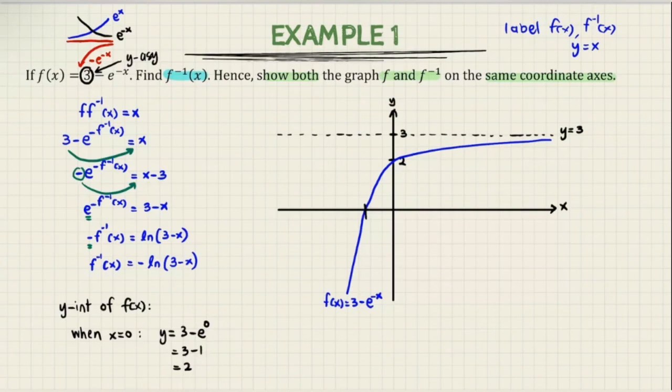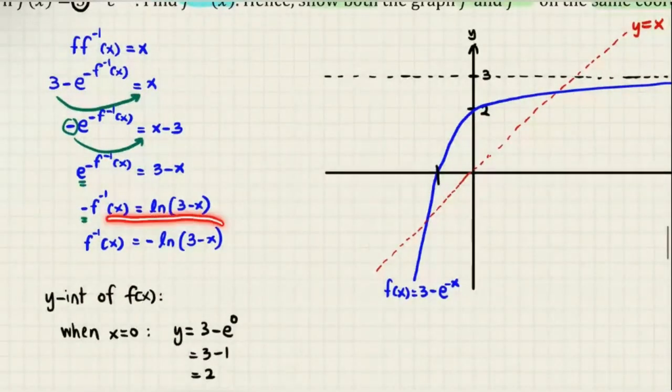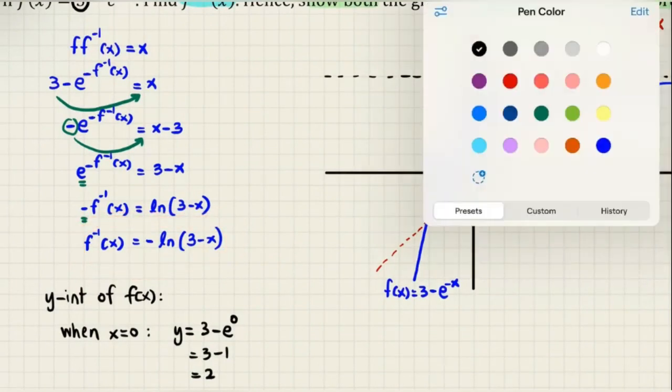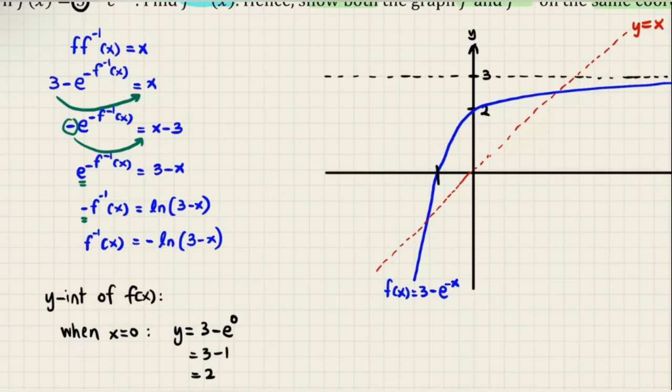Okay, so let's say this is our graph, because my lines are already in squares, so I will just follow these squares. So the red one is the line y equals x, which is our reflection. Okay. So if we look at this graph, this is our f inverse. Okay, for this f inverse, the vertical asymptote should come from here. So 3 minus x, I use greater than 0.